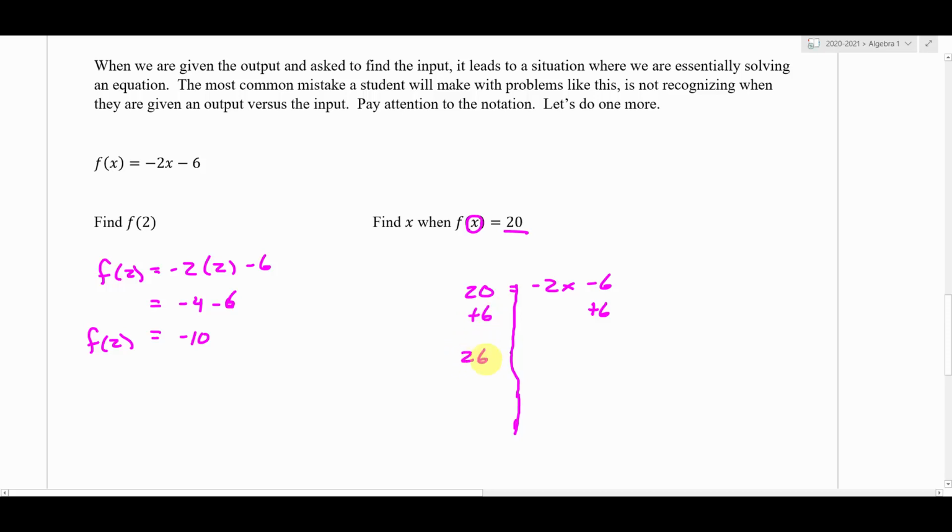So we've got 26, and the 6's cancel, so we have a negative 2x left over on the right-hand side. Now to separate the negative 2 and the x, we're going to have to divide because they're being multiplied. So the negative 2's cancel. We get x, and 26 divided by negative 2 is negative 13. And there we go. So when I put a negative 13 into this function, I'm going to get my 20 out.